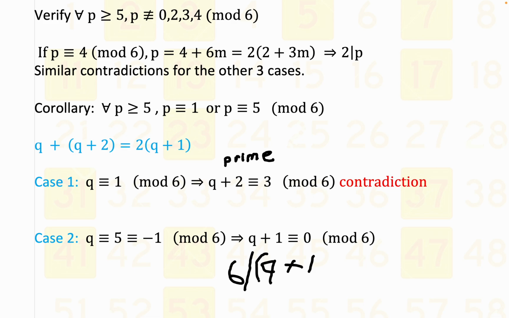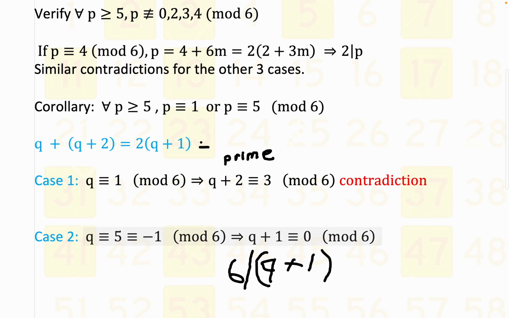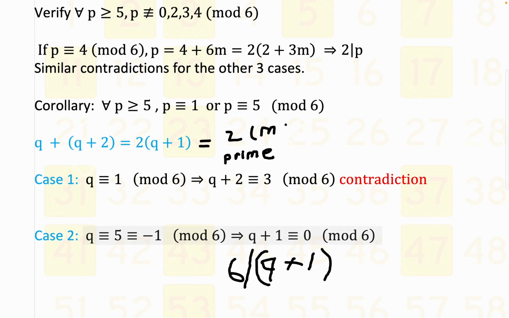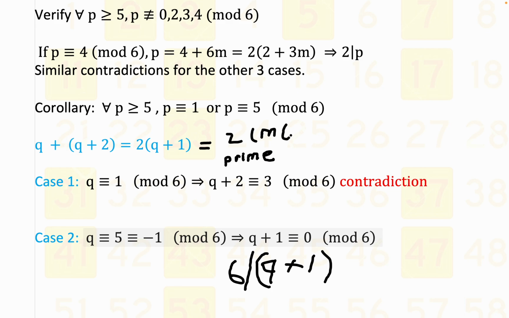But that's what we set out to prove, because if 6 divides q plus 1, then this would be equal to 2 times some multiple of 6, which is certainly a multiple of 12, right?